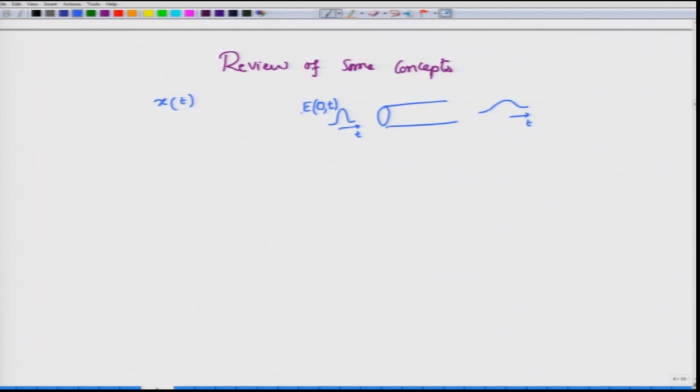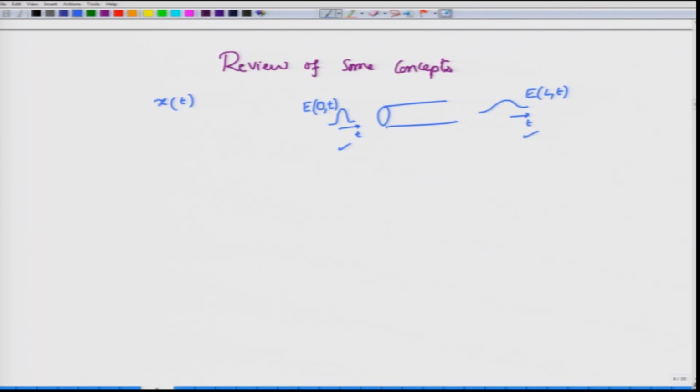Therefore, this can be considered a signal. In this case, it is an optical signal or an electric field, and at the output of the fiber, for z equal to L, you had another time domain function, E of L comma t. So, these are all signals which hopefully convey some amount of information to you.